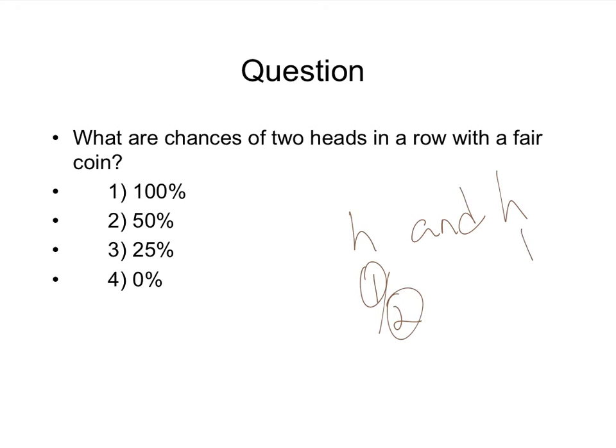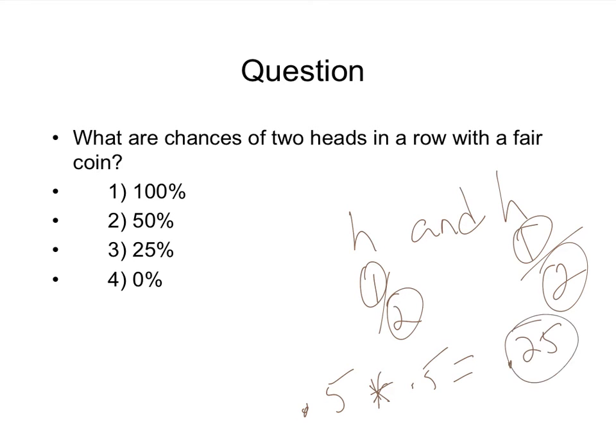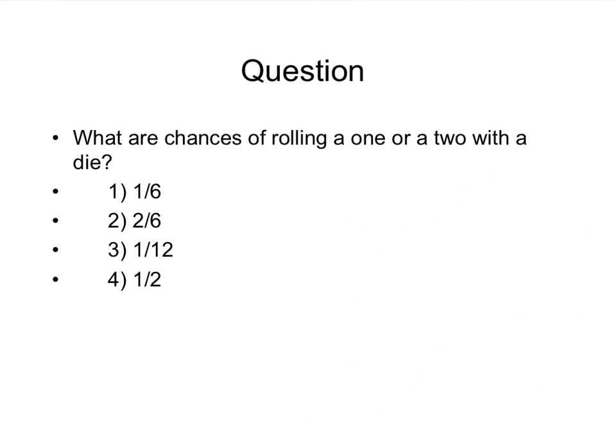Right? Same here. Total possibilities 1 out of 2. So 50-50. So those 2 happening together is 0.5, which is half, times 0.5, which is 0.25. So you end up with the number 3 being the correct answer.